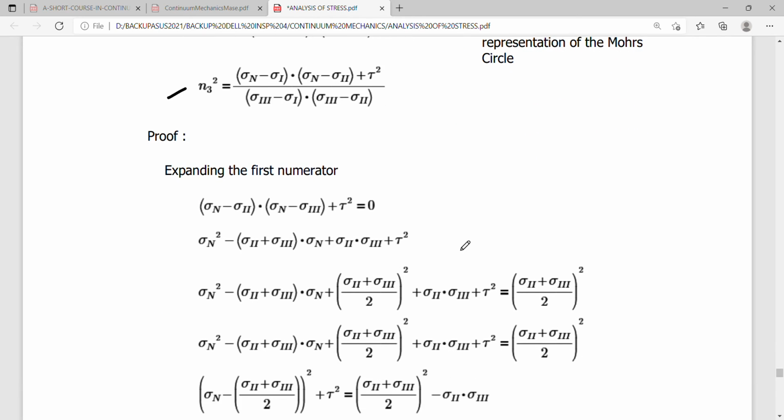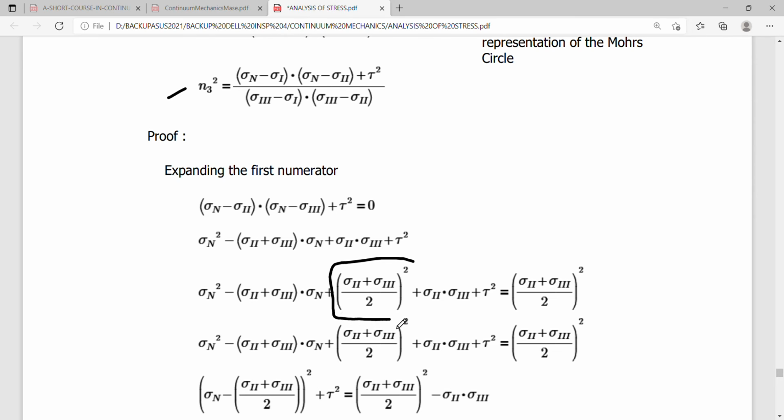So this is now a simple expansion of these two binomial expressions. Okay, and then by doing a sort of completing the square method, we simply add a value here.